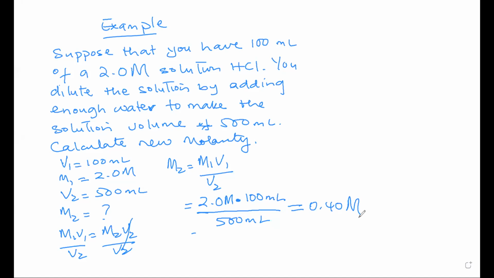We started from M1, which is of high concentration, which makes sense because you added water. And you added water, so this is more dilute, 0.40. You have to analyze your answer. It has to make sense. If you don't analyze it, you may not catch your mistake.